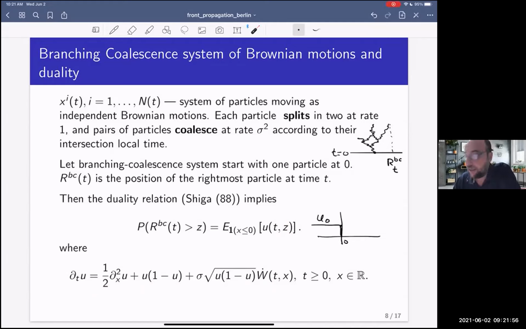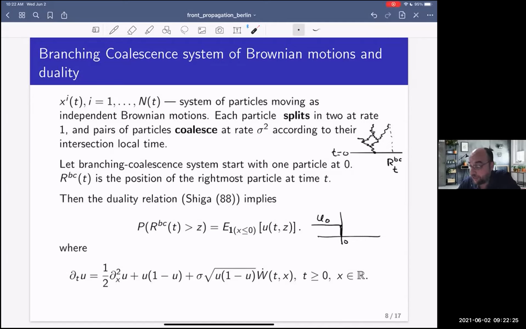In particular, one can get an upper bound on the speed of propagation of this particle, and this upper bound will be given in terms of the speed of propagation of u. When you look at this duality relation, then heuristically it's clear that introducing the noise slows down the speed of propagation of u.